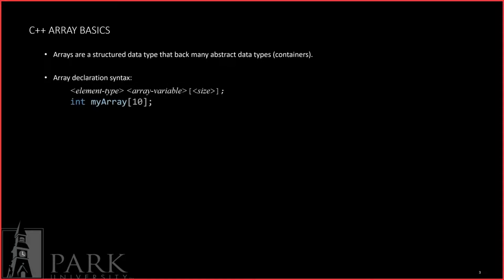As a refresher, arrays are a structured data type that back many of the abstract data types that you find in the containers of the standard template library. We declare arrays like this. We indicate the type followed by an identifier and then the size in brackets.